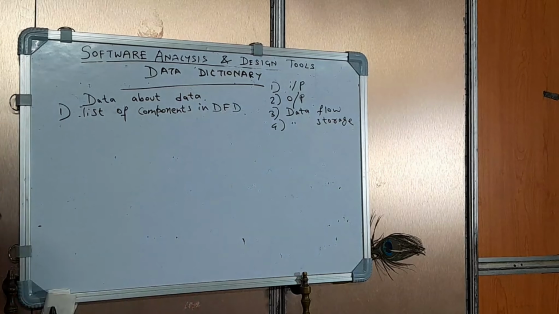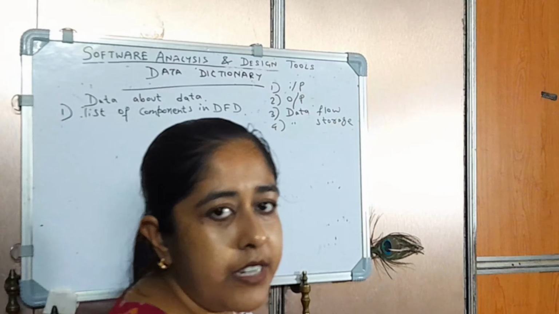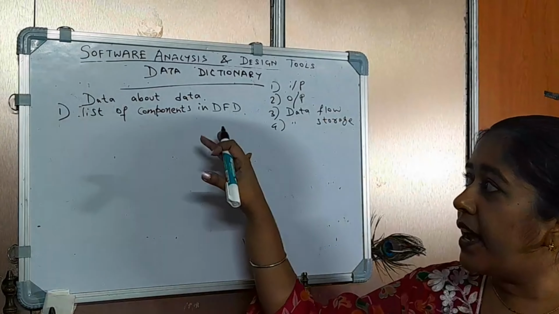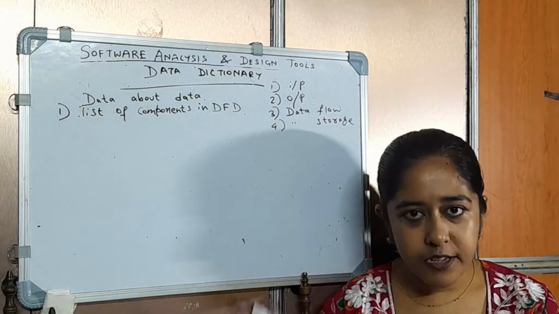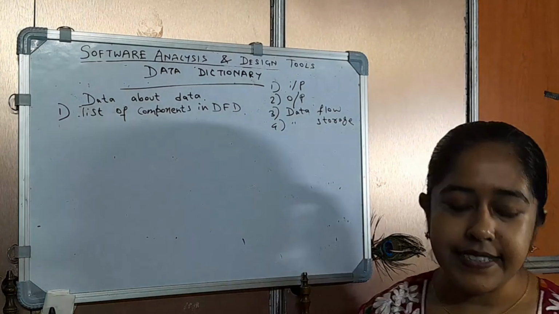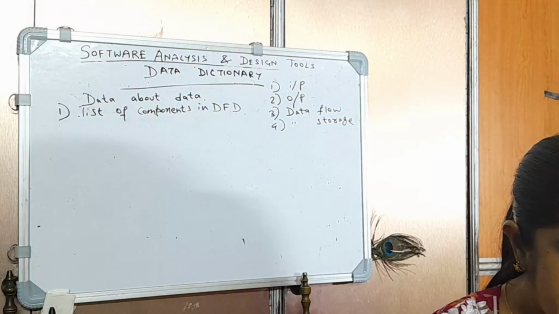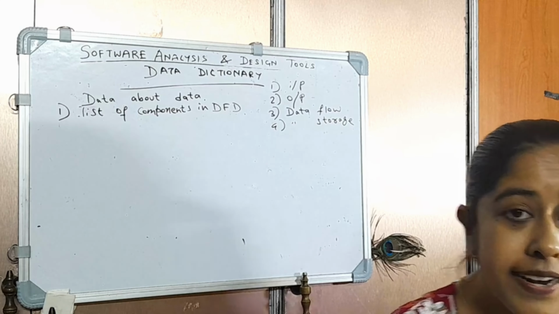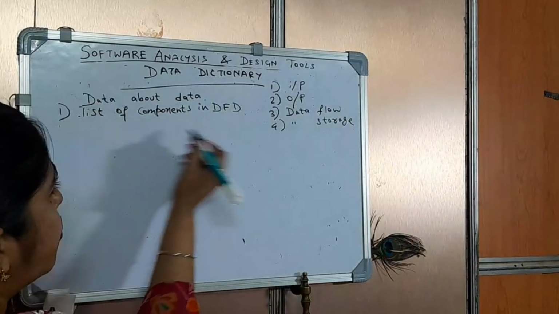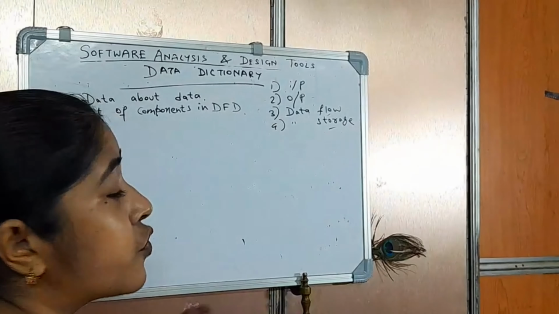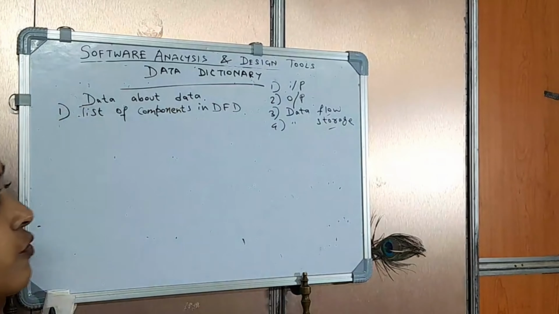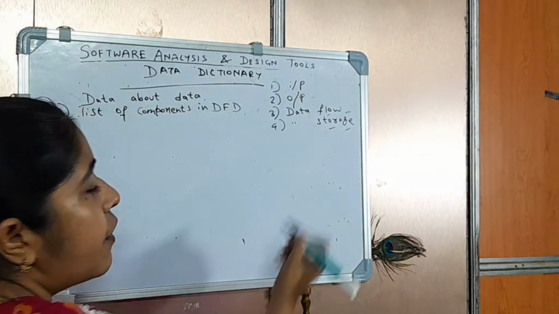Whatever is present in our DFD, we are going to list those things in our data dictionary. Then the data items, that is, how we are going to store the data: the flow and storage.